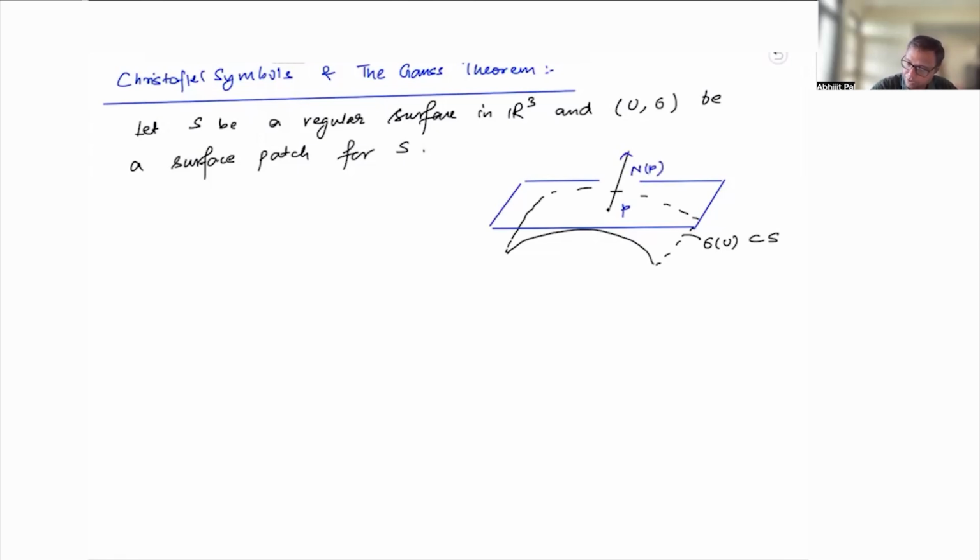This N bar is given to be equal to sigma u cross sigma v divided by the norm of sigma u cross sigma v. So this N is normal to this tangent plane. And also we have a basis sigma u and sigma v of the tangent space TpS.